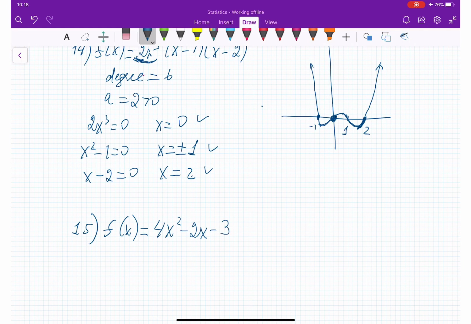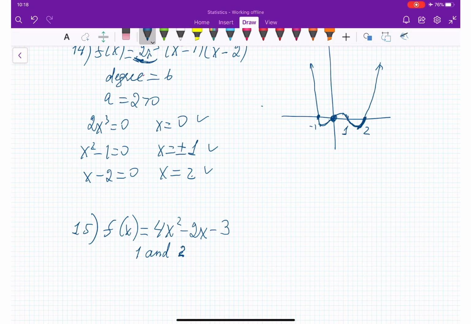So we need to find if there is a real 0 between numbers 1 and 2. What does that mean? Okay, I'll explain as I solve.